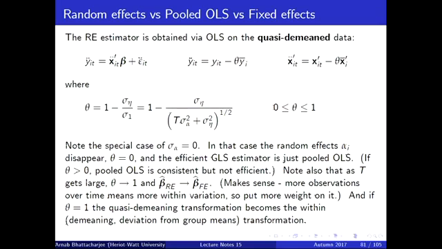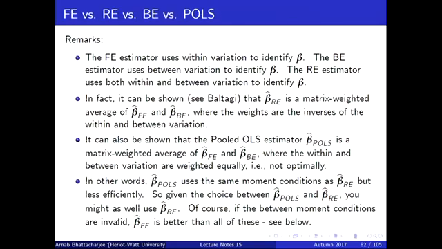You are doing demeaning to some extent, so therefore you are using within variation, but you are not going the full way, so that you can retain some of the between variation as well. So you are using both between and within variation.